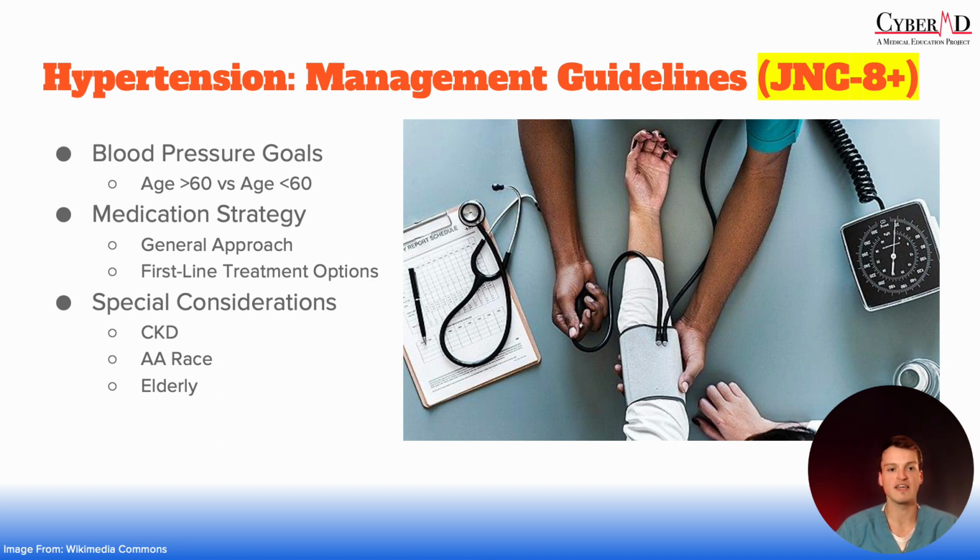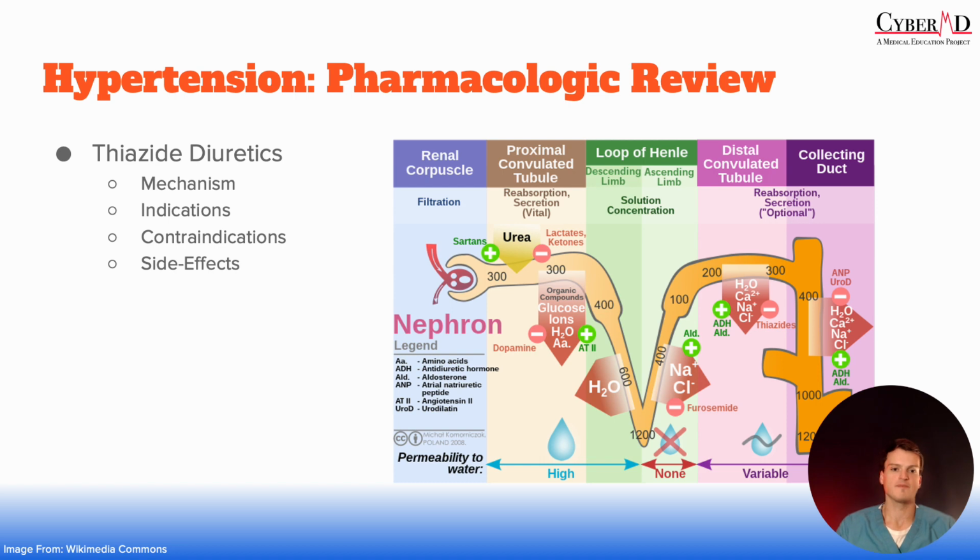And then finally, in our elderly population, no matter the race, it's going to be crucial to balance the benefits of lowering the blood pressure with the potential risks of treatment, such as falls due to orthostatic hypotension or something along those lines. So a more cautious approach in the elderly population may be warranted, often starting with lower doses and then gradually titrating up.